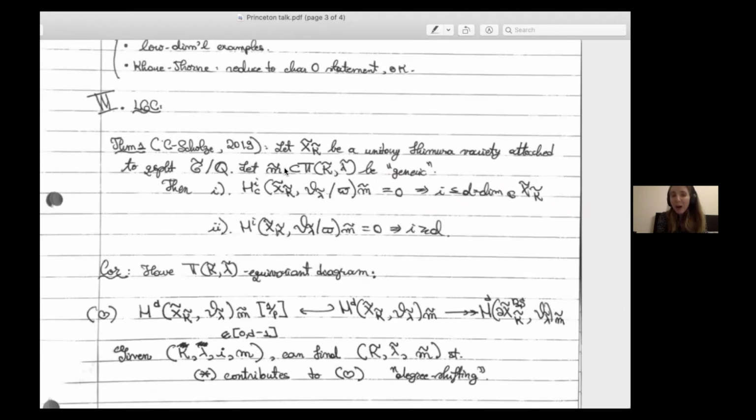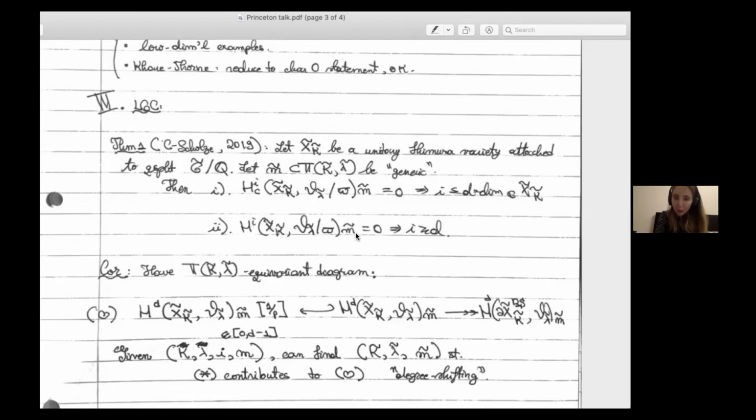And then if you have this global condition and this local genericity condition, you can show that the cohomology of the Shimura variety with compact support and with arbitrary twisted coefficients that are mod p, after localization at such an m tilde, compact support cohomology is just in the middle degree and below.